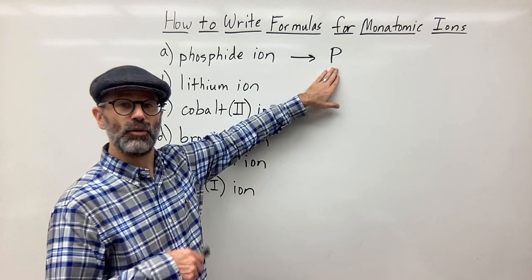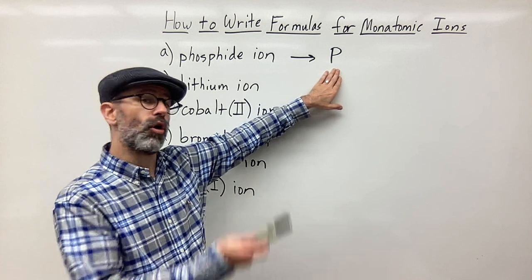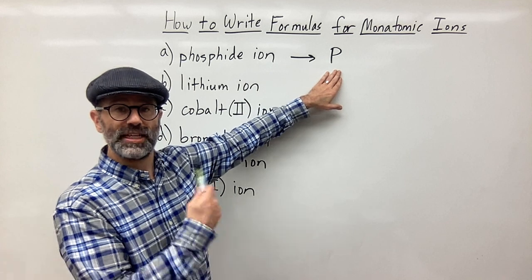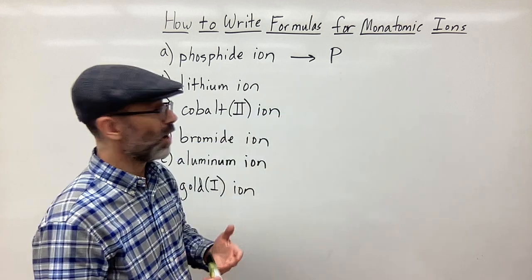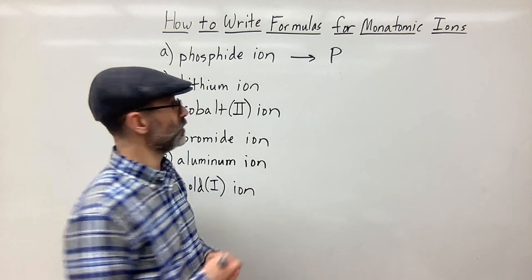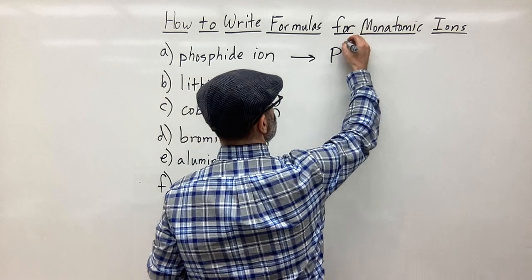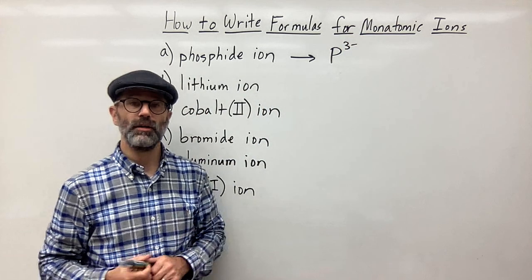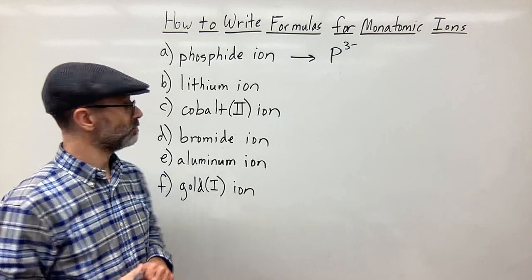So to get the 8, it would gain 3. Or it could lose 5, but it'll be a lot harder to lose 5 electrons. So it's easier to gain 3. That's why if it gains 3 more electrons, it would have a 3 minus charge. So that is the formula for phosphide ion.